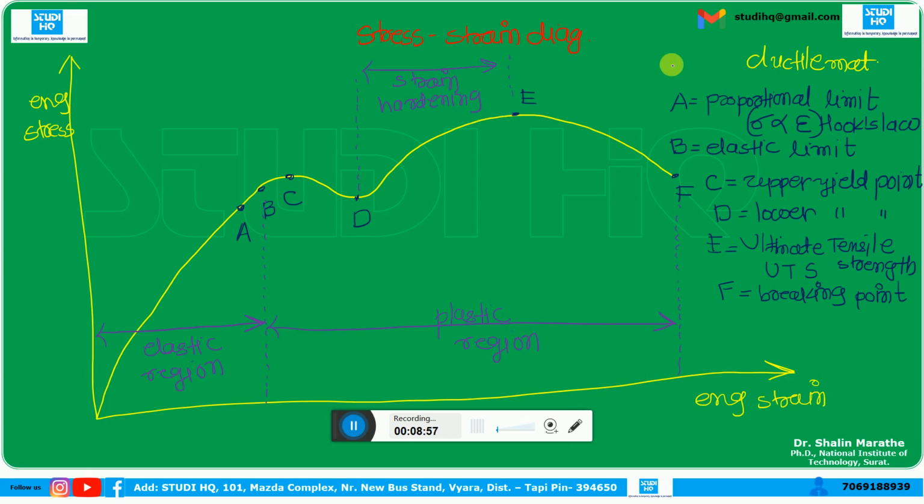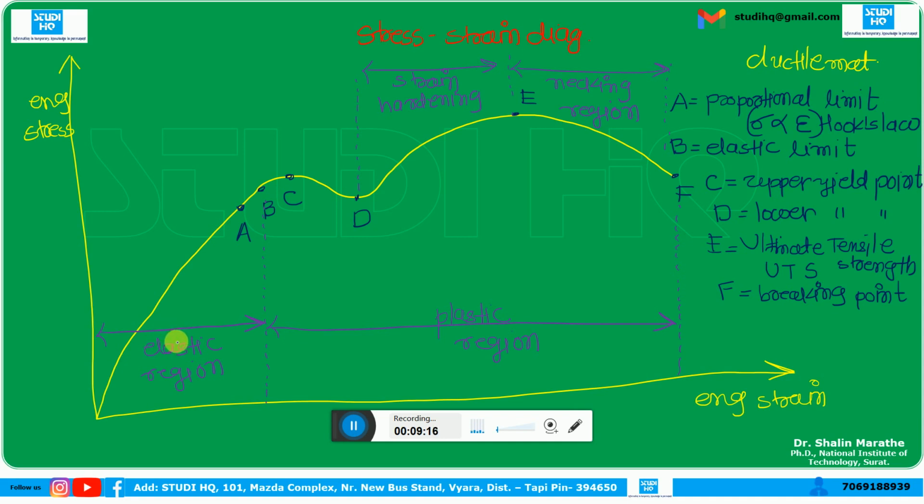And this EF curve or EF line, that is the necking region.